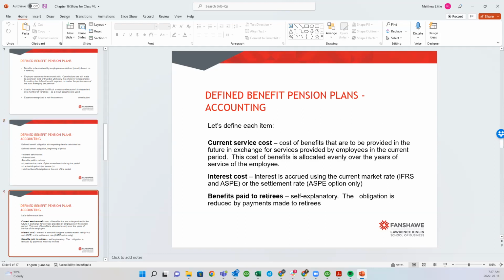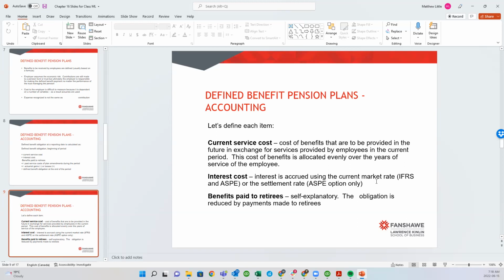Now let's look at the definitions just to make sure we're clear. The current service costs are costs of the benefits that are provided in the future in exchange for services provided in this current fiscal year. Interest costs, we talked about. The only difference here is under IFRS, it uses the current market rate versus ASPE uses the settlement rate or the current market rate.